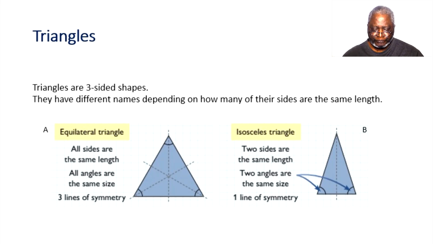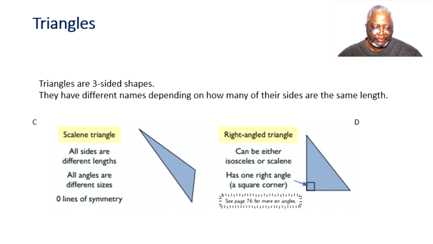I cannot tell you exactly the size of the angles because it depends on how wide or how narrow you make the base of the triangle. You have the scalene triangle. All sides are different lengths and all angles are different sizes.